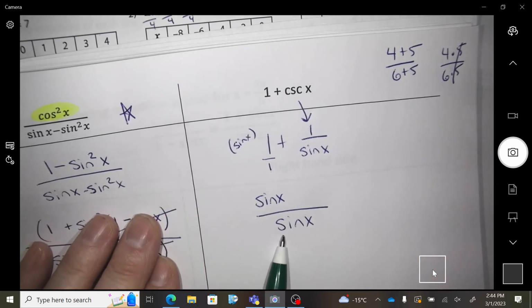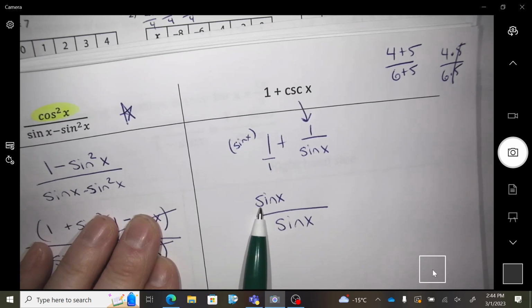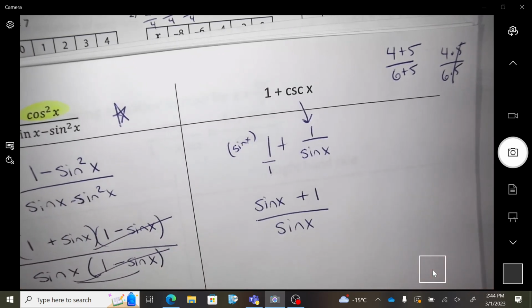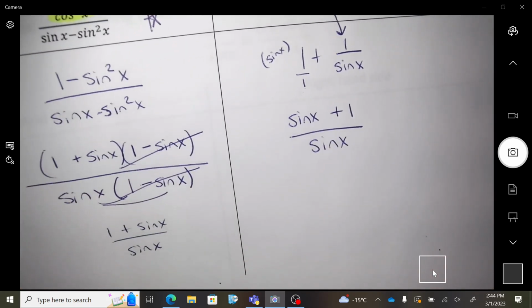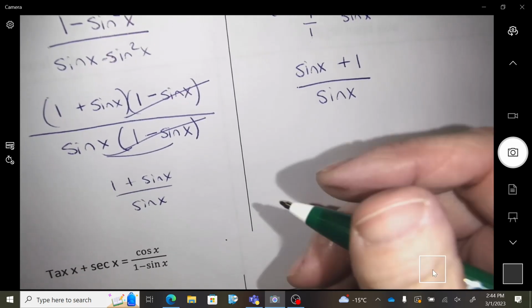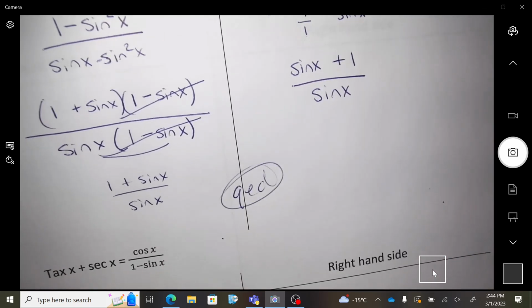To get this bottom to change to sine x, I would multiply by sine x. So the top changes. And then this one, leave. And look at that, we got to the same. QED, we did it.